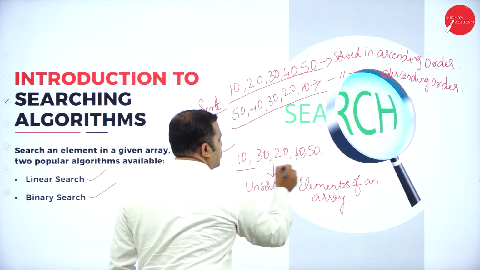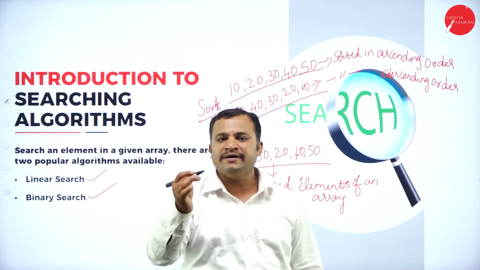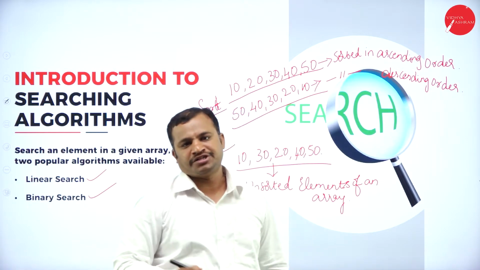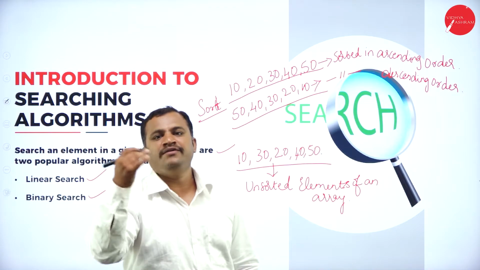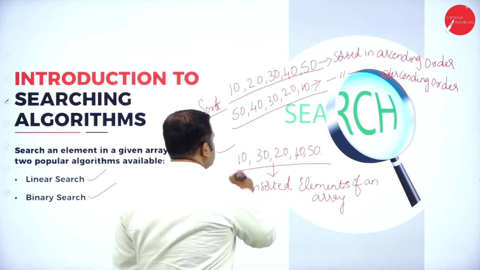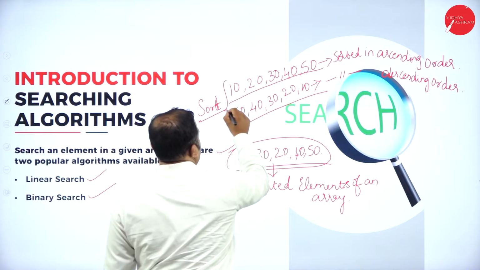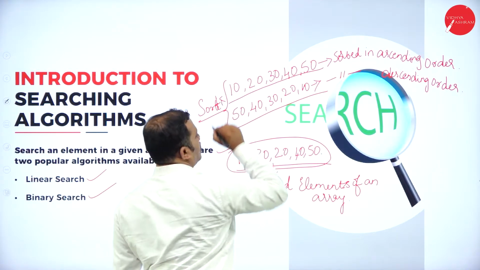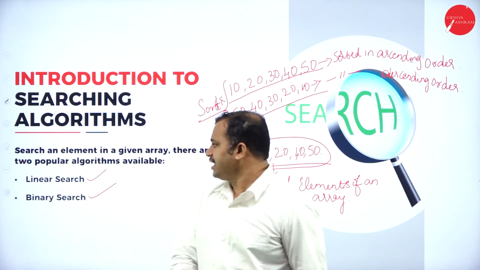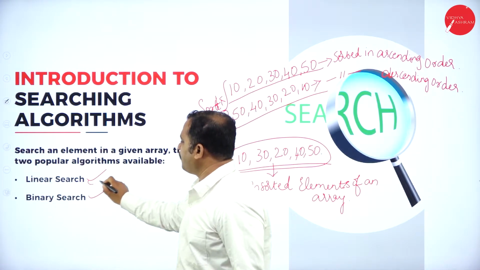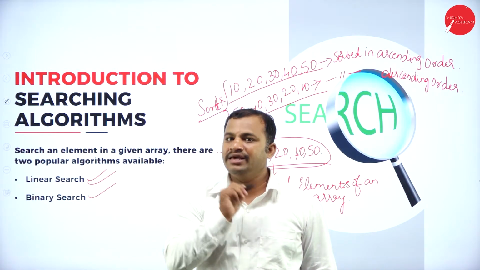Whereas in the third case, you have the elements which are stored in the random fashion, that is 10, 30, 20, 40, 50. So these are called as an unsorted array. This is called as a sorted array, sorted list of elements. If that is the case, how can I perform the search operation using the strategy linear search?